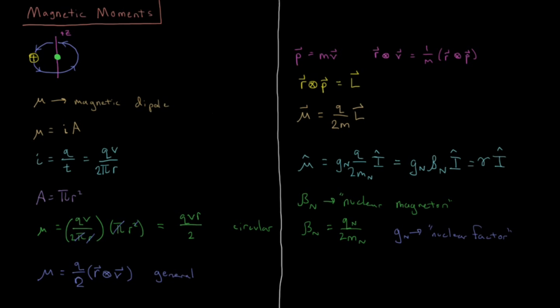And then finally, this last value here, gamma. Gamma is equal to the nuclear factor times the nuclear magneton, which is of course equal to Gn times Q over 2 Mn. And this value is called the magnetogyric ratio.